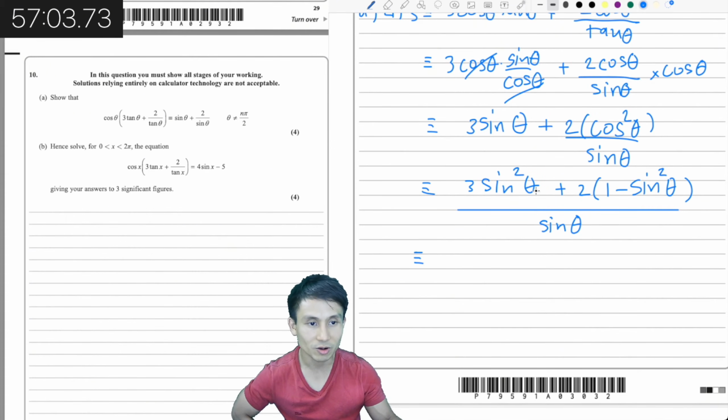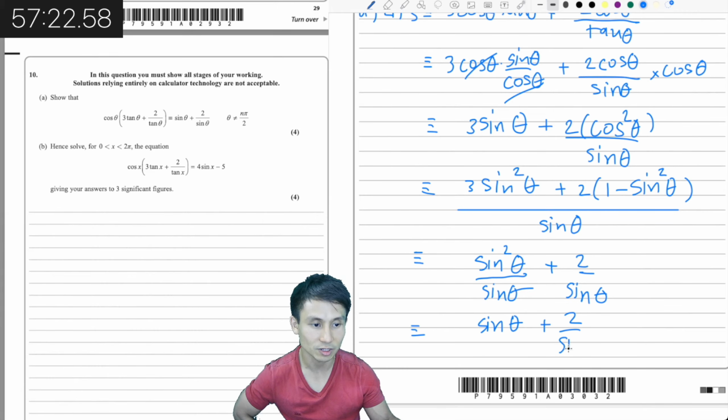So if you simplify all that, you get 3 sine squared here minus 2 sine squared here. So I have a sine squared here, hopefully. And then plus a 2 here. And then over sine here and over sine here. So that's it. So this is sine theta plus 2 over sine theta as required.